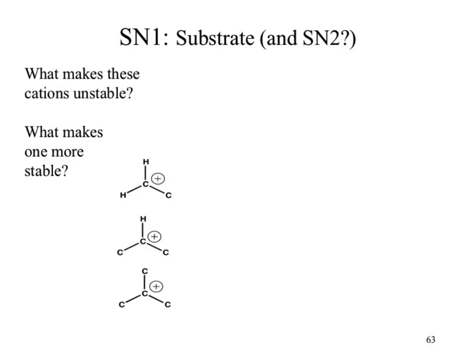If you have the potential for a primary to form, doesn't exist. Which means to run an SN1 reaction, I must have a secondary or better carbocation. What's better than secondary? What's better than tertiary? Quaternary doesn't exist. You can't have that many bonds.